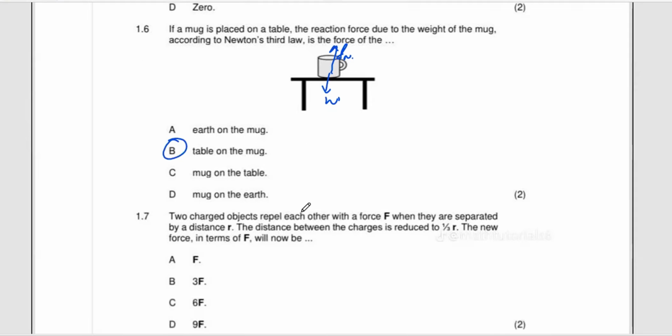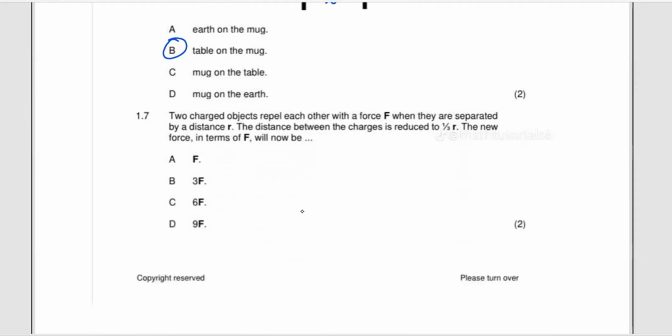Then 1.7, if we have two charged objects, and they are repelling each other with a force of F, when they are separated by a distance R, the distance between the charges will now be reduced to a third of R. What will be the new force? Originally we had K Q1 Q2 over R squared, but now we are decreasing the distance, meaning that's K Q1 Q2 over (1/3 R) squared.